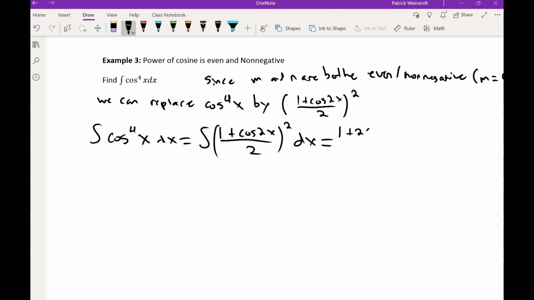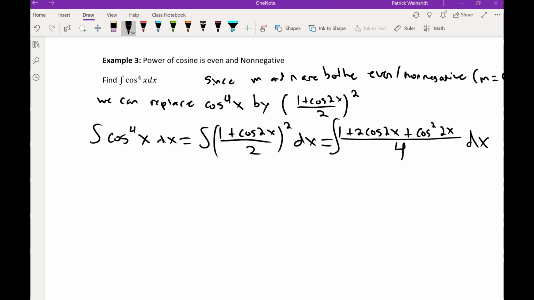That gives me 2 cosine of 2x. And then cosine of 2x times cosine of 2x will give me cosine squared of 2x. So we're just squaring that numerator, and then we're going to square the denominator. 2 squared is 4. So basically we're squaring this binomial, squaring this 2, and we're getting this integral.